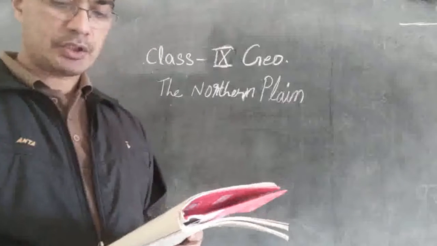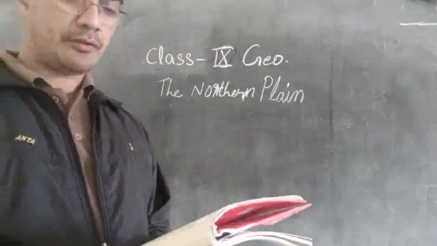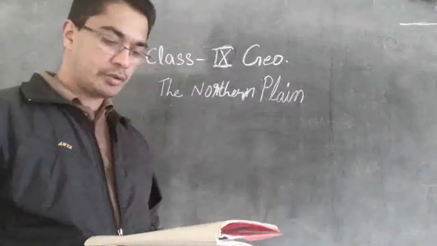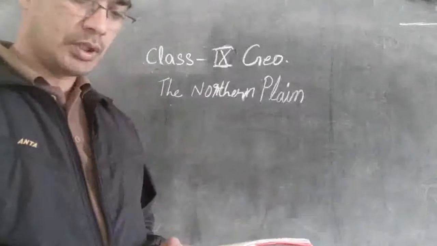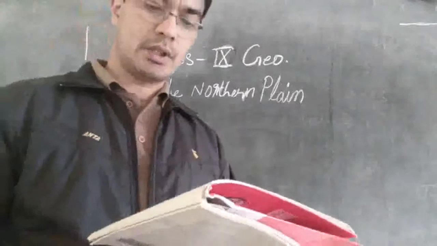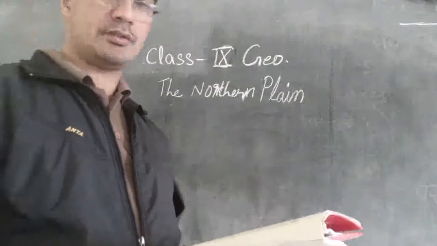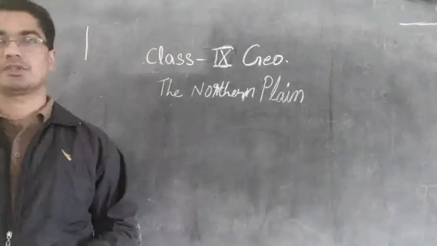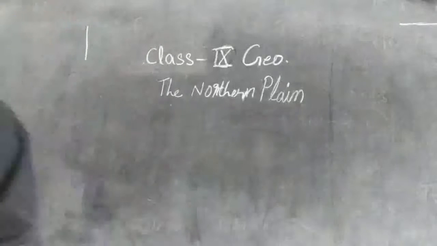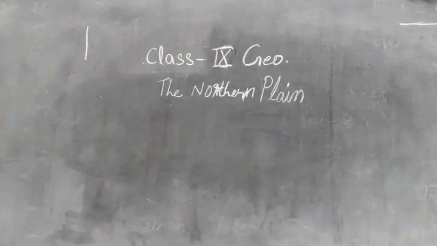These vast plains also have diverse relief features. According to the variations in relief features, the northern plains can be divided into 4 regions. Which are they?